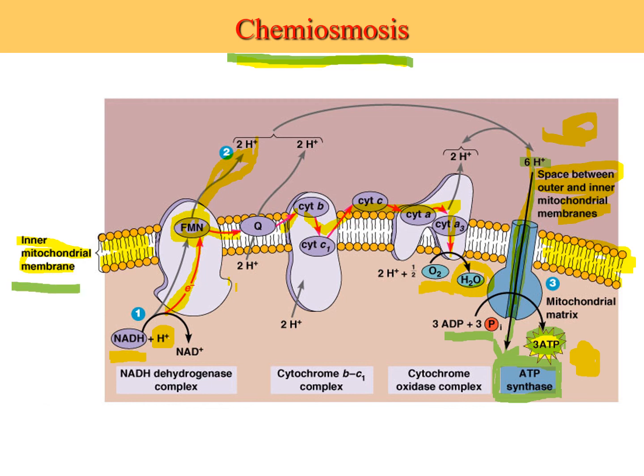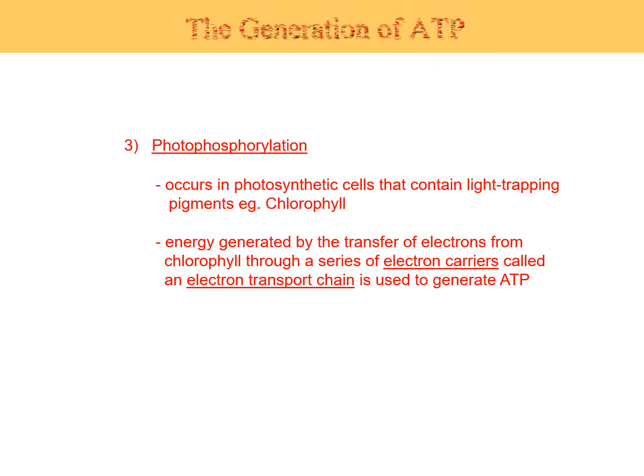They'll have this transport chain embedded in their membrane. They don't have mitochondria, obviously, because they don't have any membrane-bound organelles. Photophosphorylation refers to capture of energy, again through a series of electron carriers, again called an electron transport chain, to generate ATP.